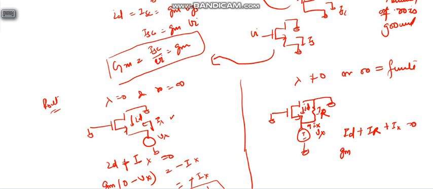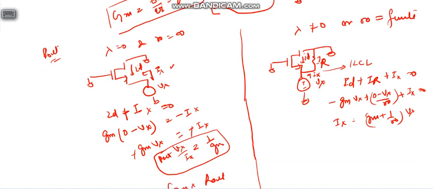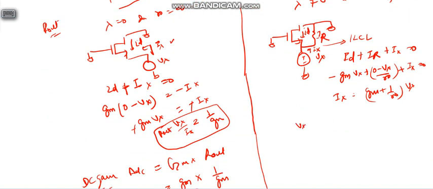ID is minus gm Vx plus 0 minus Vx by Ro, plus Ix equals 0. So we are applying KCL at this node. So Ix equals gm plus 1 by Ro, times Vx. Now Vx upon Ix equals Ro by 1 plus gm Ro.